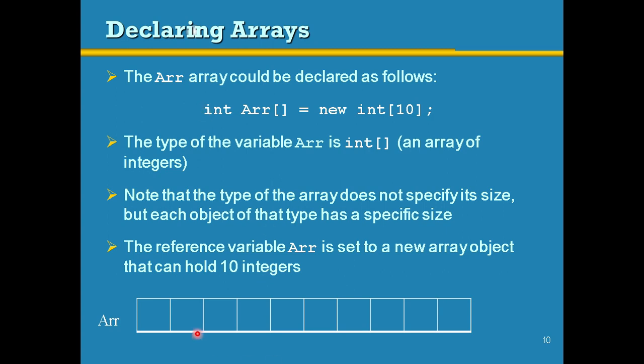So each location will have 4 bytes, 4 bytes, 4 bytes, 10 times. That means 40 bytes total. So that is the size of the array. So depending upon the data type, the size may vary.